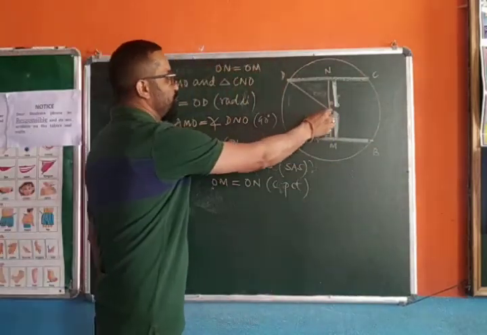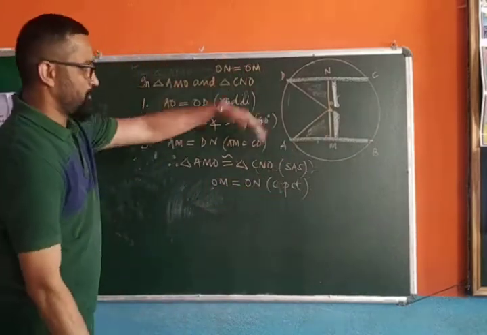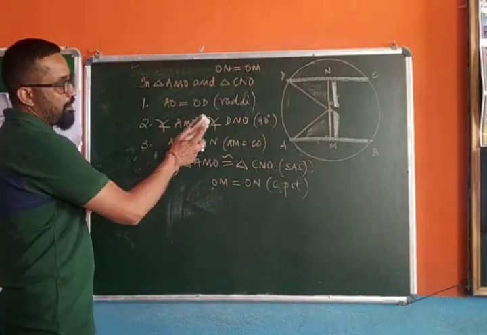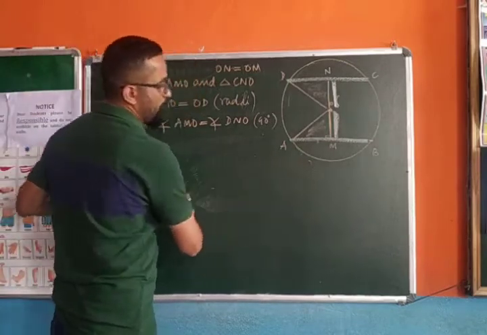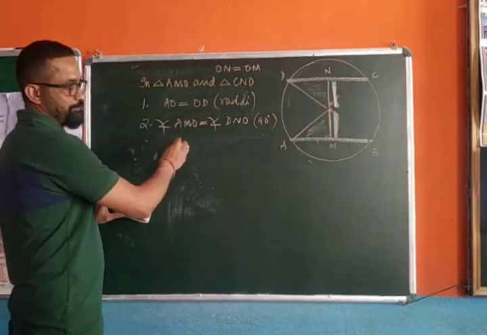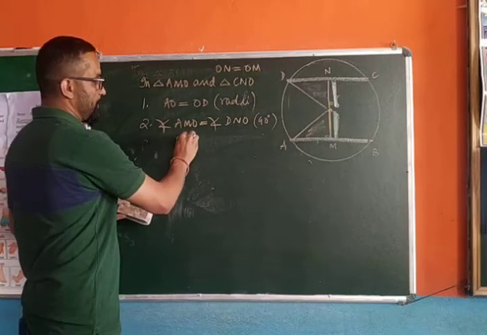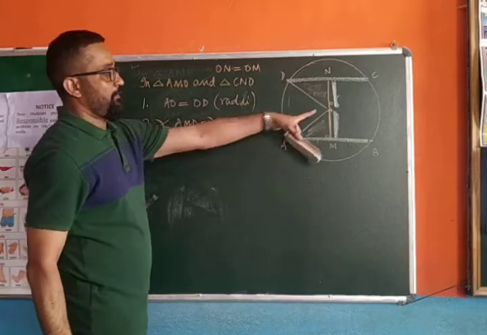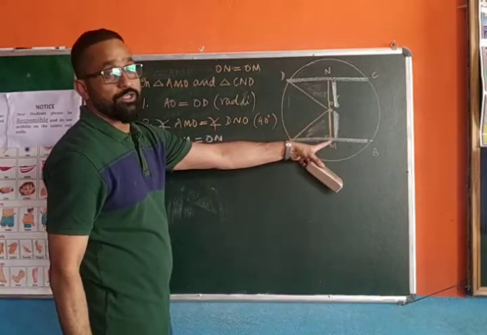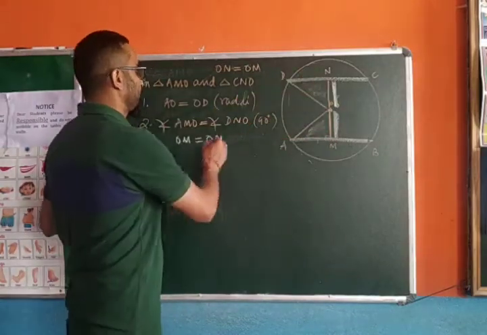You need to prove triangles are congruent, and only this part will change. This part will change. ON is equal to ON. Chords are equidistant from the center.